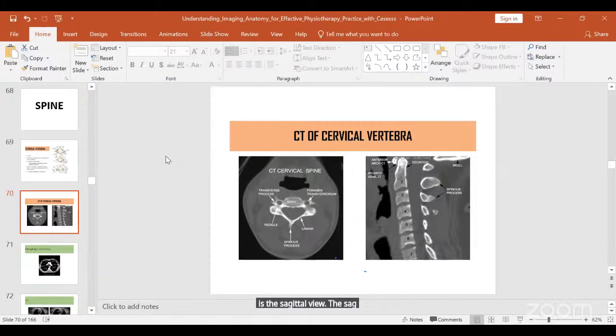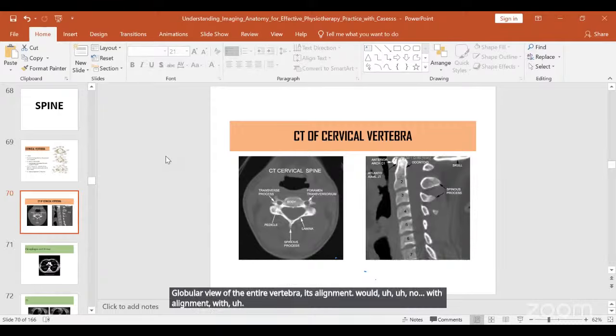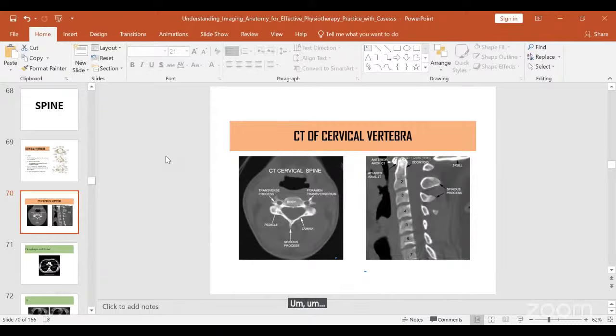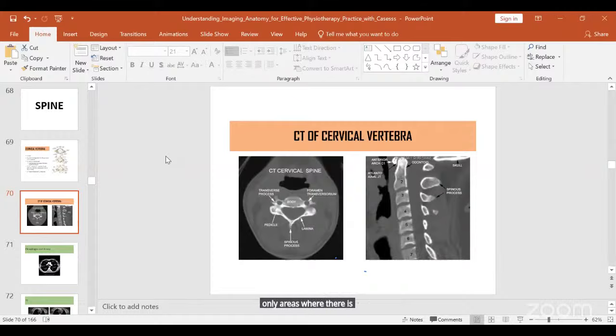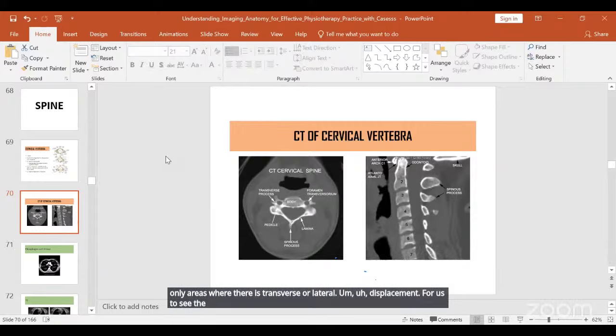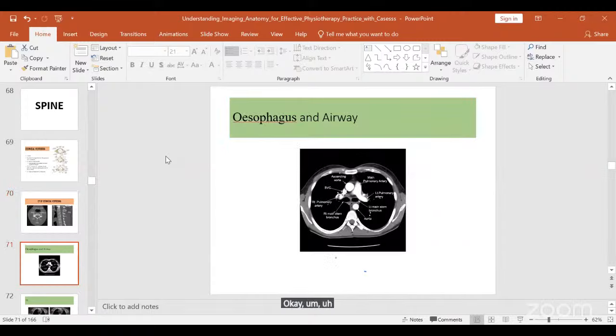The sagittal view gives us a panoramic view of the entire vertebra, its alignment with associated vertebral bodies, and its relationship within the neural canal is easily appreciated. However, the axial plane is seen only in areas where there is transverse or lateral displacement, for us to see the extent of that lateral displacement.